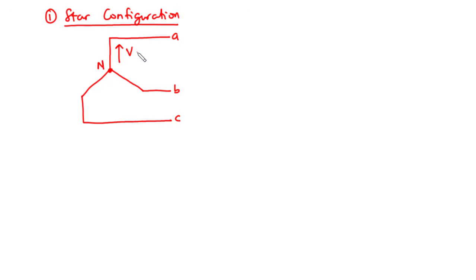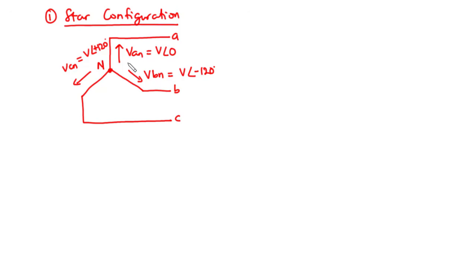So we have VAN, VBN, and then VCN. So VAN is equal to V polar 0, VBN is V polar negative 120, and then VCN is equal to V polar plus 120 degrees.